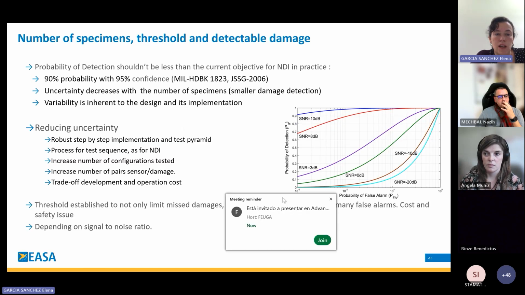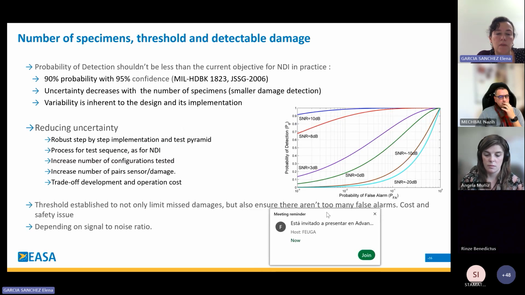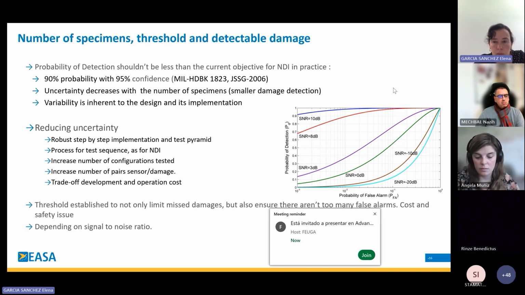To reduce uncertainty, there should be a robust step-by-step implementation and test pyramid. There should be a process for the test sequence as for NDI. It should increase with the number of configurations tested, with the number of pairs of sensor damage, and there is a trade-off between development and operation cost.